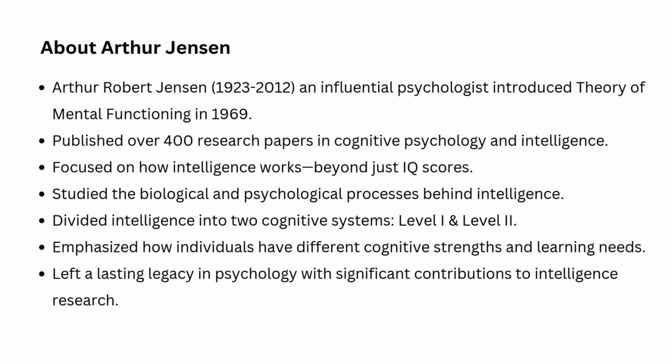Jensen was especially interested in how these systems affect our learning processes. For him, intelligence wasn't just about scoring well on tests, it was about understanding how different individuals have different cognitive strengths. This was a key focus of his work, and he believed that these two systems could explain a lot about why people learn and think in such unique ways.